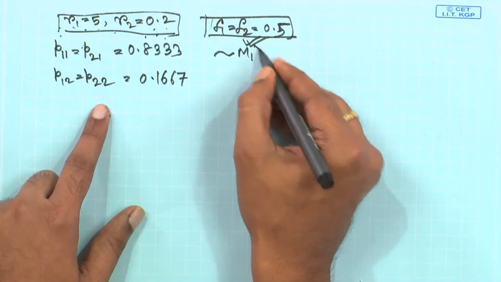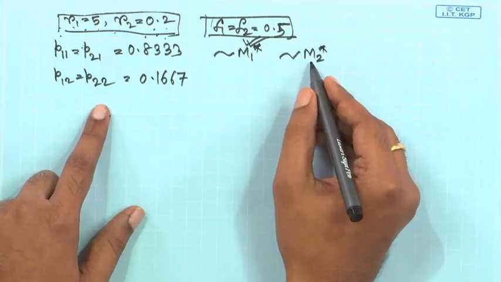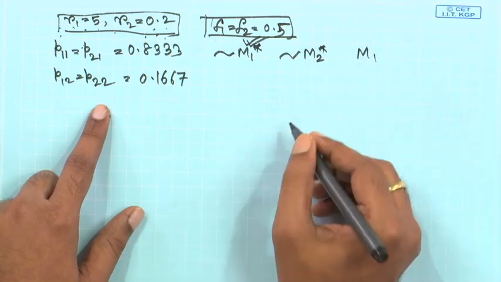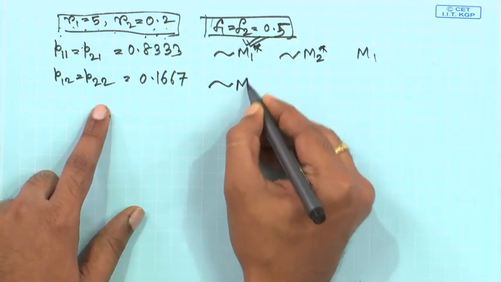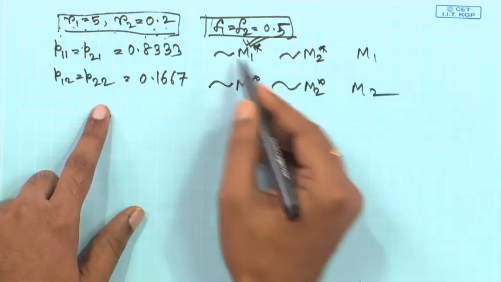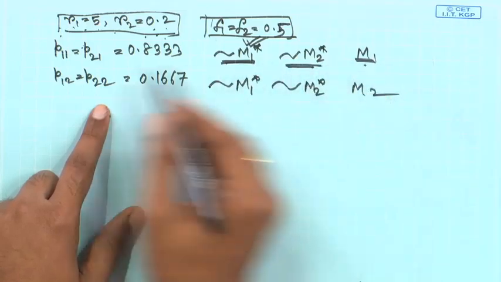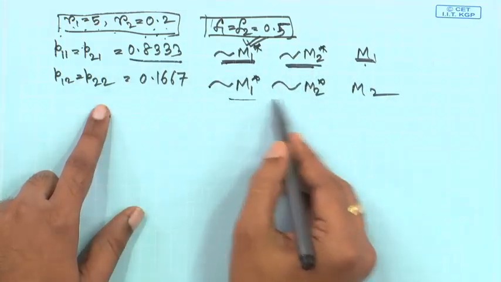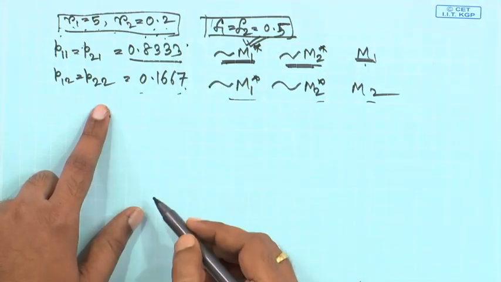You see both M1 star and M2 star will add M1 with the same probability of course, and they will add to M2 with the same probability, but this probability is 5 times this probability.